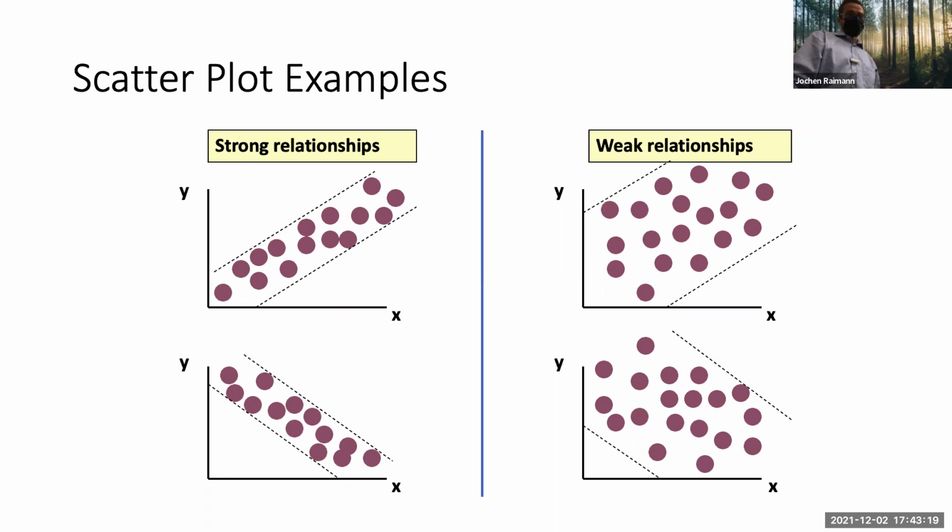So you have linear and nonlinear relationships. You have strong relationships and you have weak relationships. Strong relationships are very tight about this hypothetically fitted line, which we will really fit later in R. And then you have those where, if you fit a line through that, you have a wide range of so-called residuals.